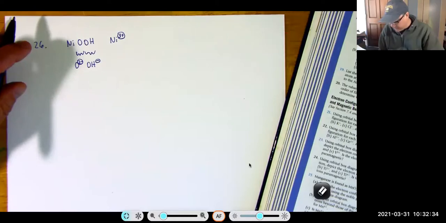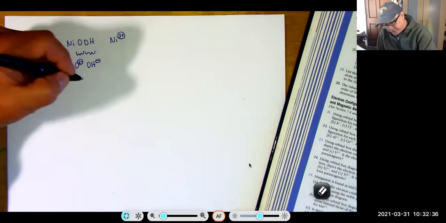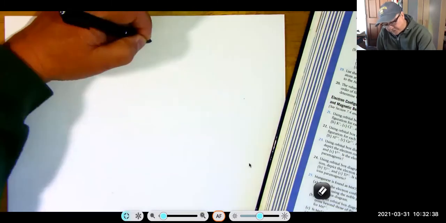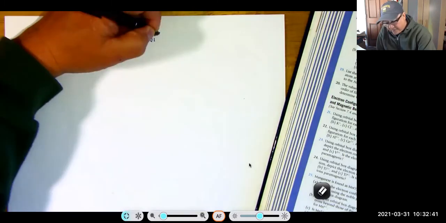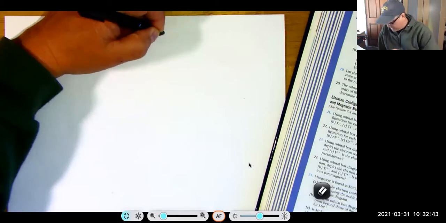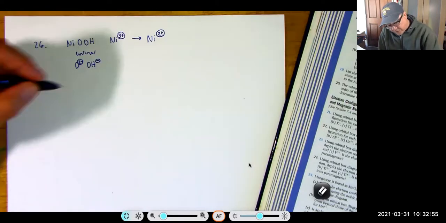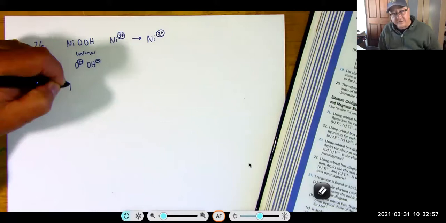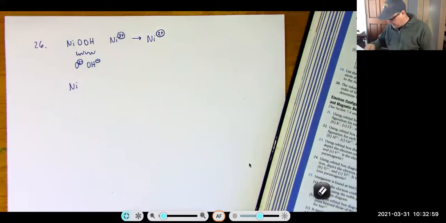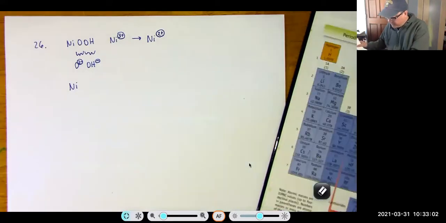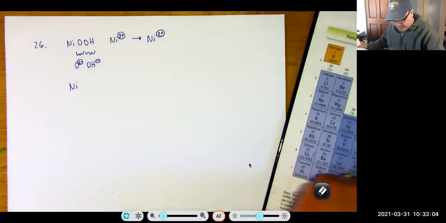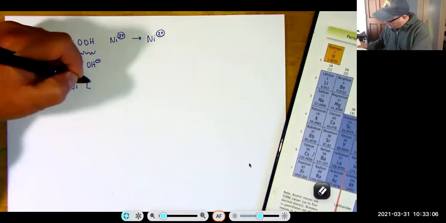So they say Ni+3 is reduced to Ni+2, or nickel +2. I keep saying N, but it's really nickel, Ni. Using the orbital box diagram and noble gas configurations, show electron configurations of these ions and say whether either is paramagnetic. So the way we're going to do this is we're going to get the electron configuration of nickel first. And nickel is in the 4th period, so the preceding noble gas is going to be argon.